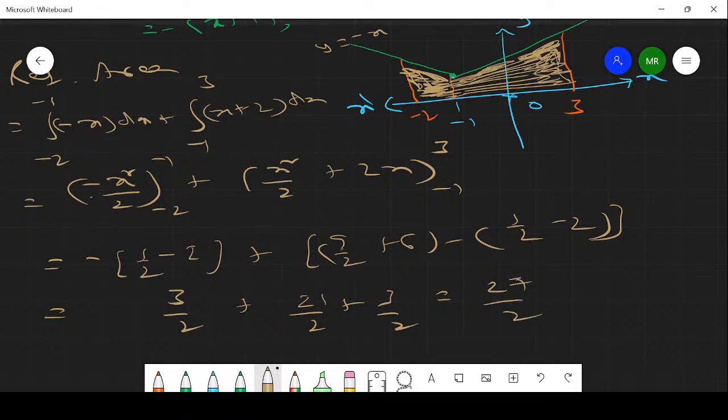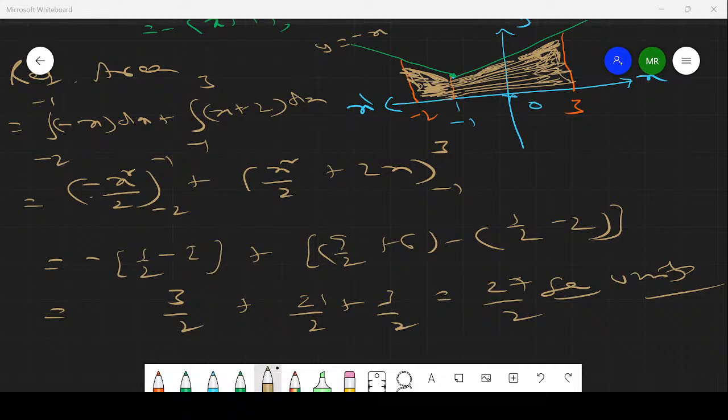You get 27 by 2. That is your required answer: 27 by 2 square units.